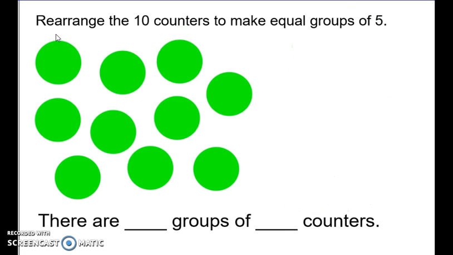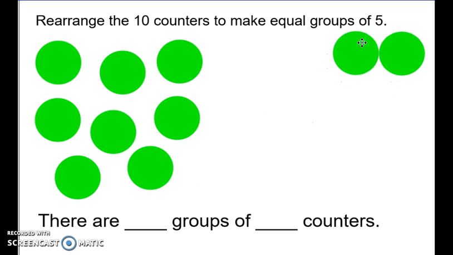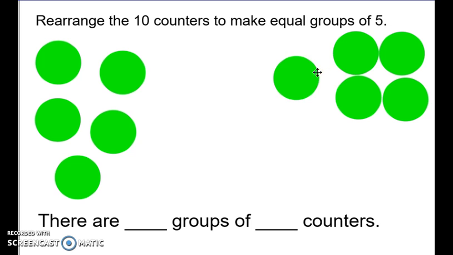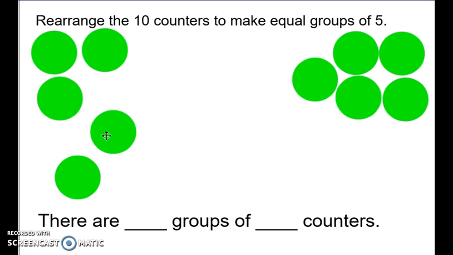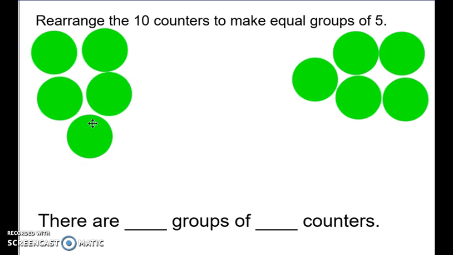So we're going to do one more together. Here, we're going to rearrange the 10 counters to make equal groups of 5. So we're going to have groups of 5. That means there's 5 things in each group. So I'm going to count out 5 and put it in a group. 1, 2, 3, 4, 5, and then 1, 2, 3, 4, 5.